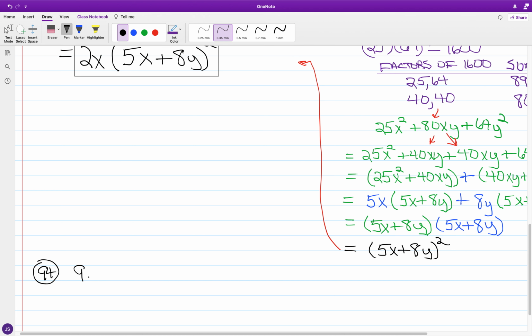And we have higher degrees this time around. So you have in the letters m and n, 9m to the 4th plus 42m squared n to the 4th. Then we have plus 49n to the 8th.